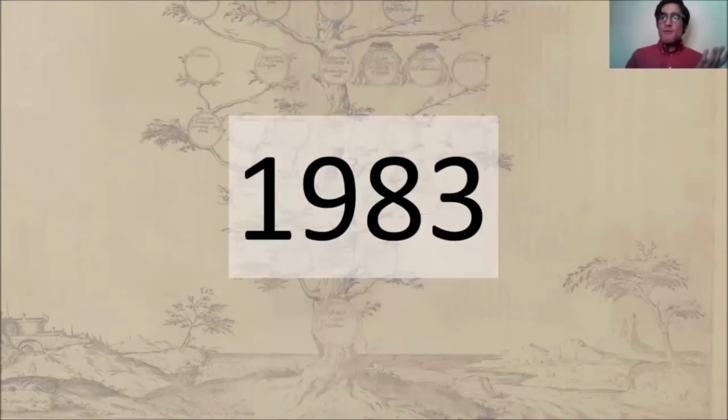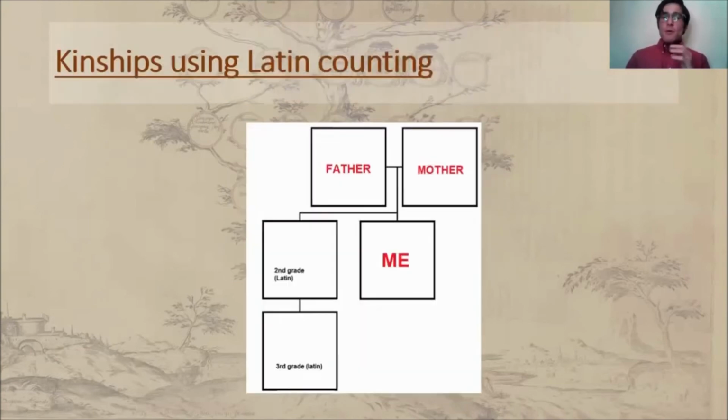1983, as I mentioned before, is the year when the Catholic Church changes the counting system from Germanic, what we already saw, to Latin counting. In Latin counting, we just count every person as a degree. I am a degree, and my sibling is a degree.